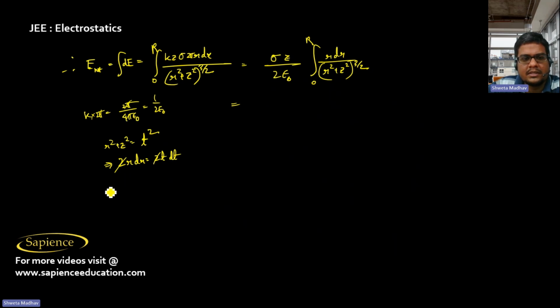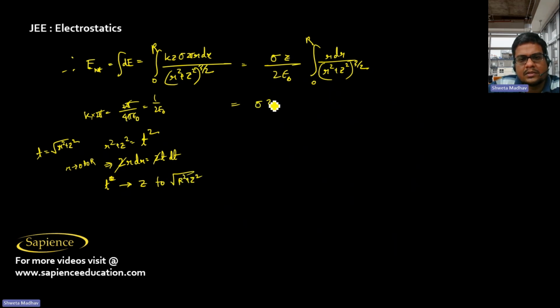Now r is going from 0 to r, so t will go from z to root over r square plus z square, since t is root over r square plus z square.